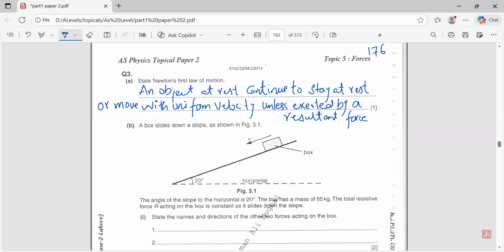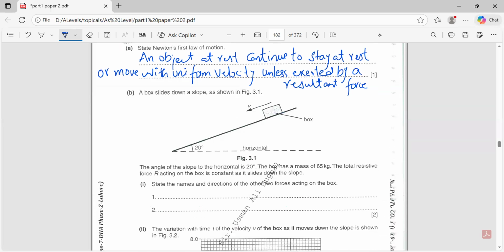So if there is going to be an exertion of a resultant force, this is the statement of the Newton's first law of motion.